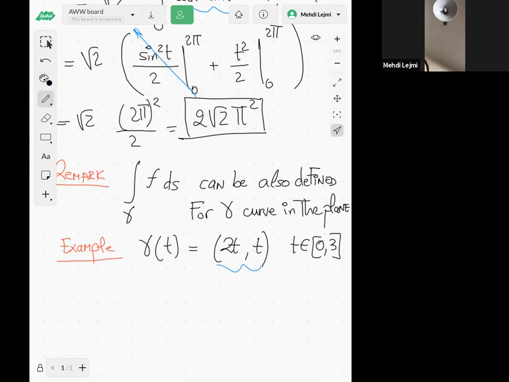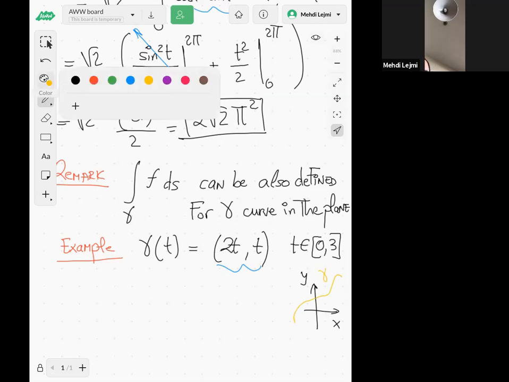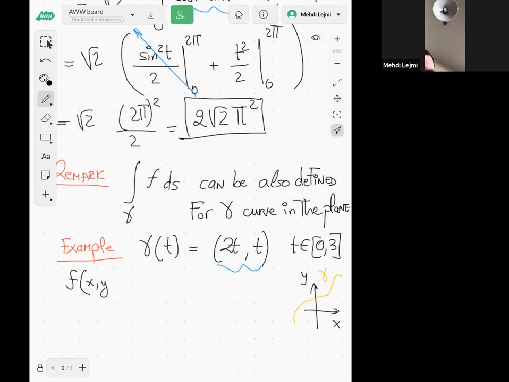It's not in space, right? So you have just two coordinates here, x and y, and your curve gamma could be any path here in the plane. You can take a function of two variables, let's say f of x, y equals y minus x.